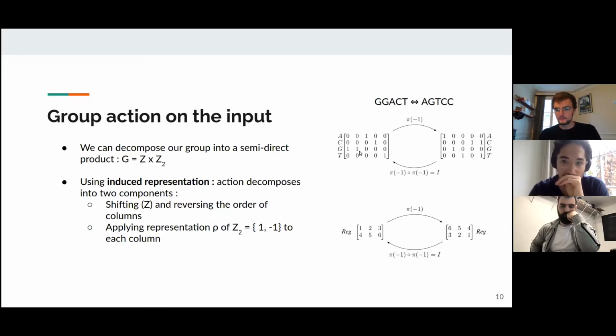What I mentioned about the induced representation is that you can represent this double action of shifting and flipping by decomposing it into something that happens at each position individually, here the bit flipping, and something that happens more at the sequence level, where the order might get reversed and the sequence might get shifted.